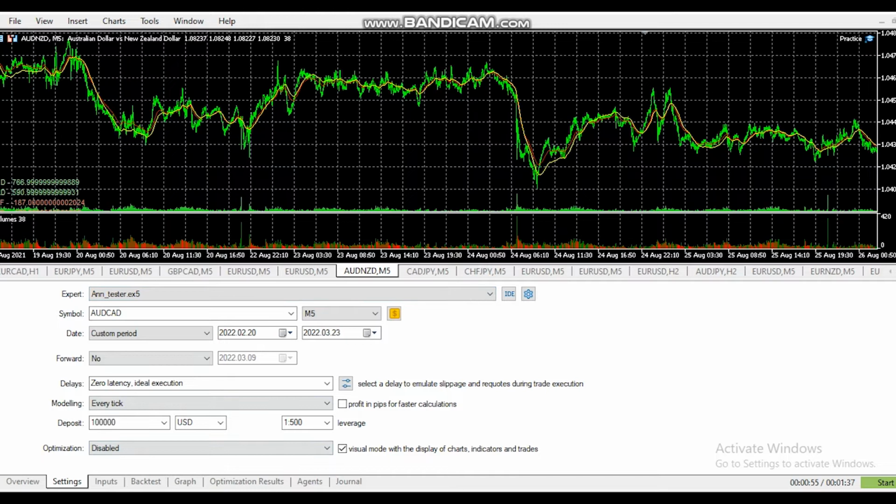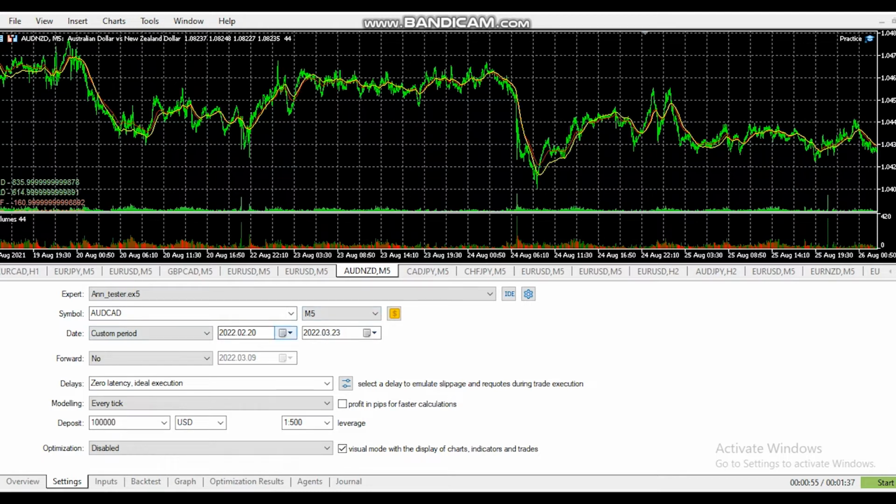Firstly, it plots every single point every 5 minutes in the specified range that we want to test. So in this case, we'll be testing from the 20th of February till about the 23rd of March 2022. Because that is the period in which the ANN wasn't really trained on.